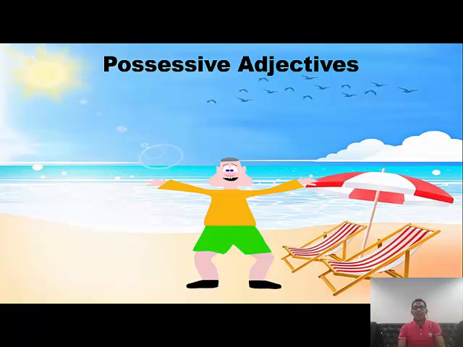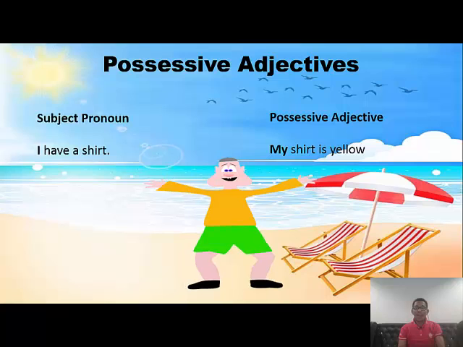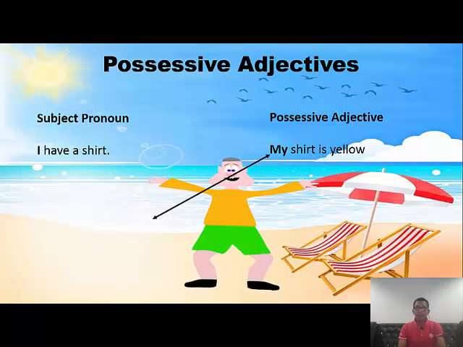Now, we are going to look at the possessive adjectives first. Now, I have a shirt. My shirt is yellow. Now look at the bolded word my. Actually, that is a possessive adjective.